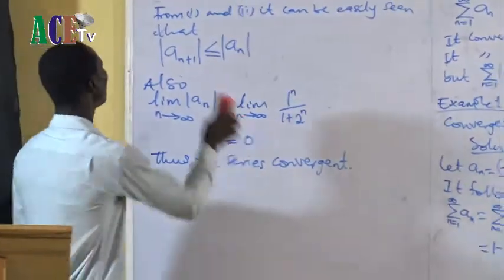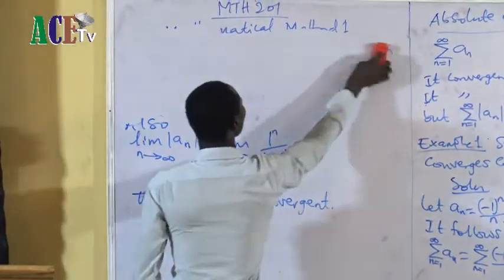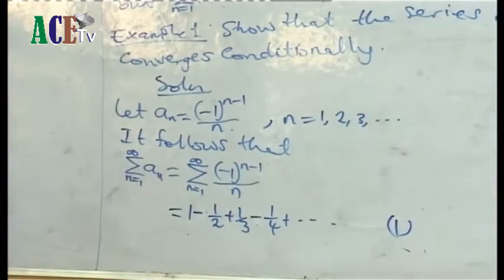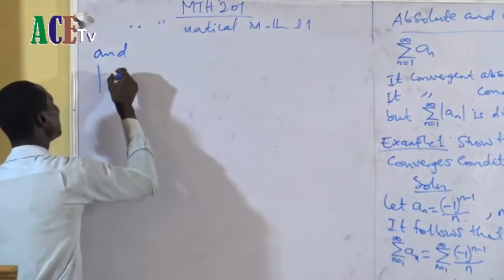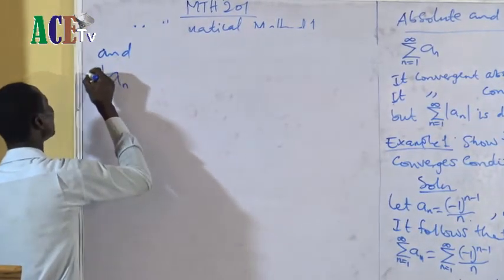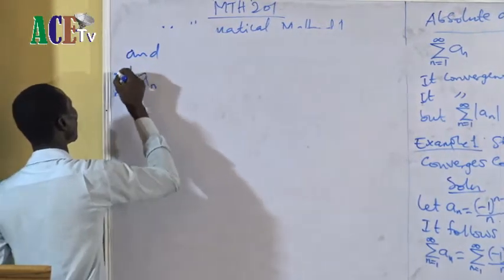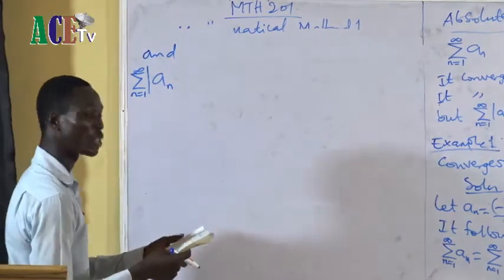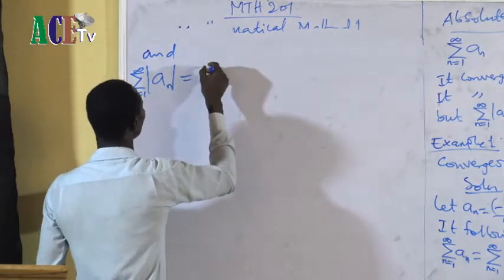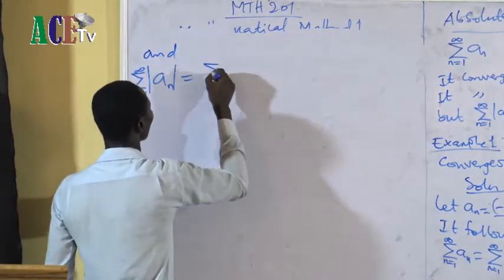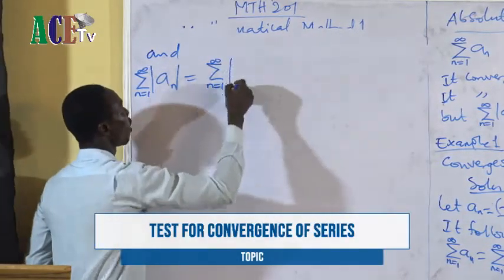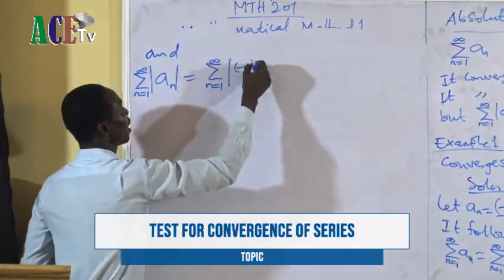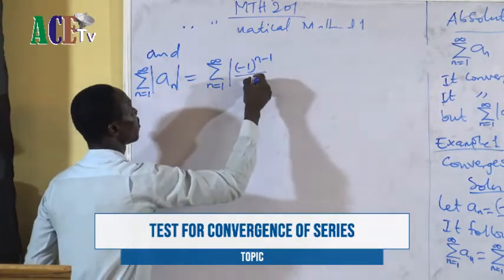The question: now I want to find the absolute value of that function, the absolute value of this series, the sum from n equals 1 to infinity of minus 1 to the power n minus 1 over n.